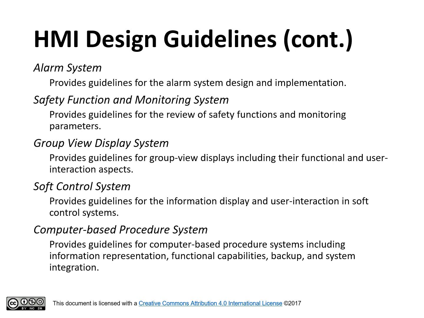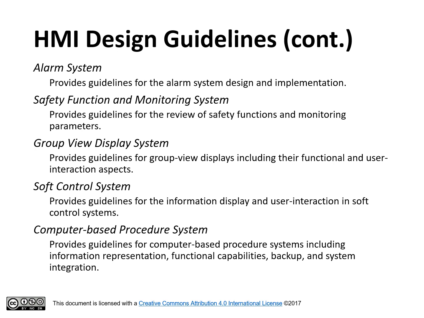Alarm system provides guidelines for the alarm system design and implementation. It includes parameters such as conditions, set points, availability, and other alarm-related information. Safety function and monitoring system provides guidelines for the review of safety functions and monitoring parameters.